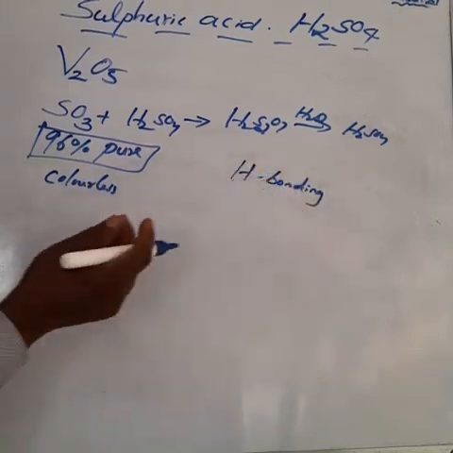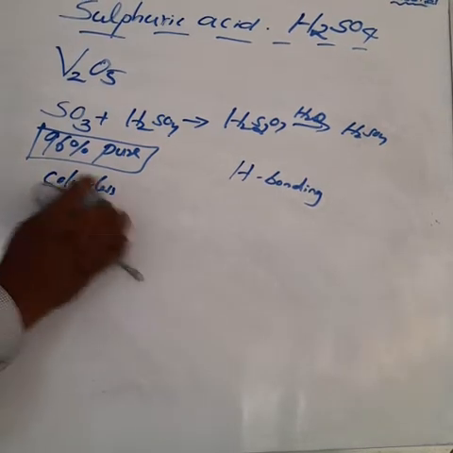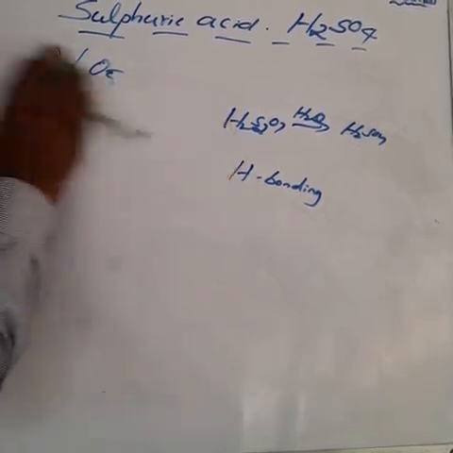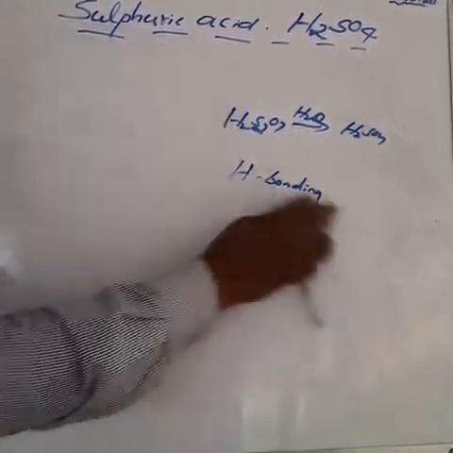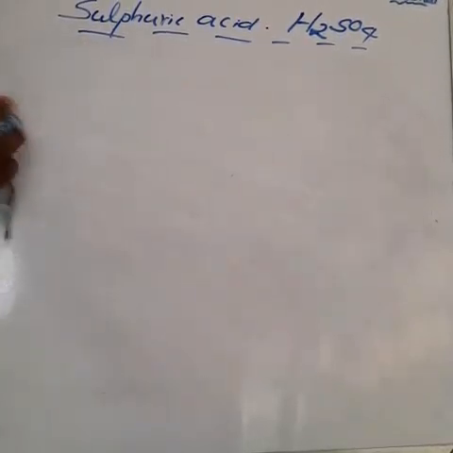What is hydrogen bonding? A hydrogen combines with another element. Then sulfuric acid freezes at 283.4 Kelvin and boils at 590 Kelvin. It is highly soluble in water.